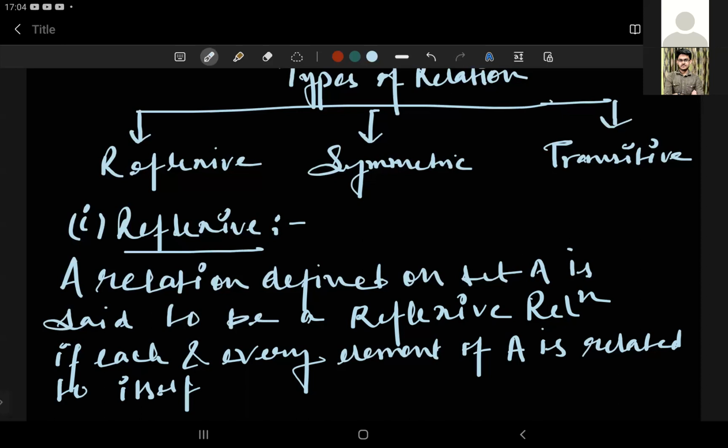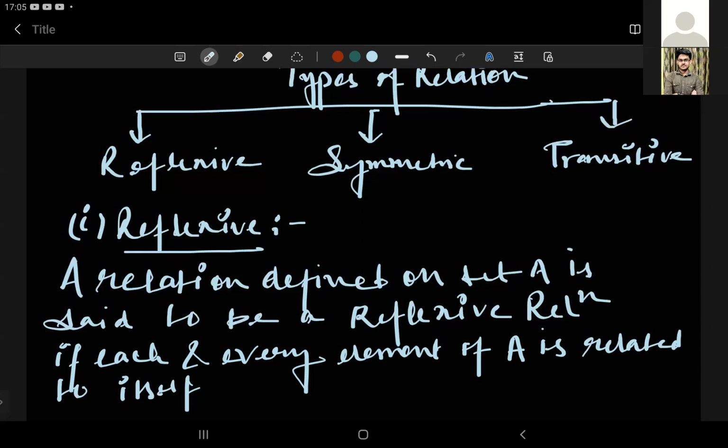Am I clear? Because if it is related to only itself, then what kind of a relation would it be? Yeah, it's an identity relation. Exactly. That means over here we can have A comma B also, A comma C also, A comma D also. But if A comma B exists, for any B, then A comma A has to exist in the set.